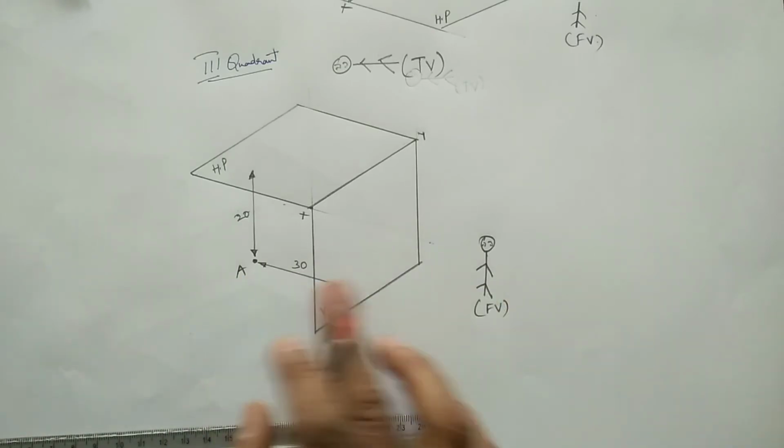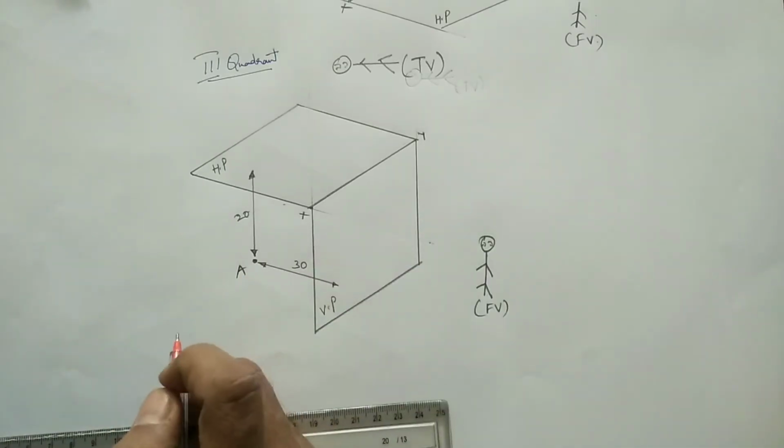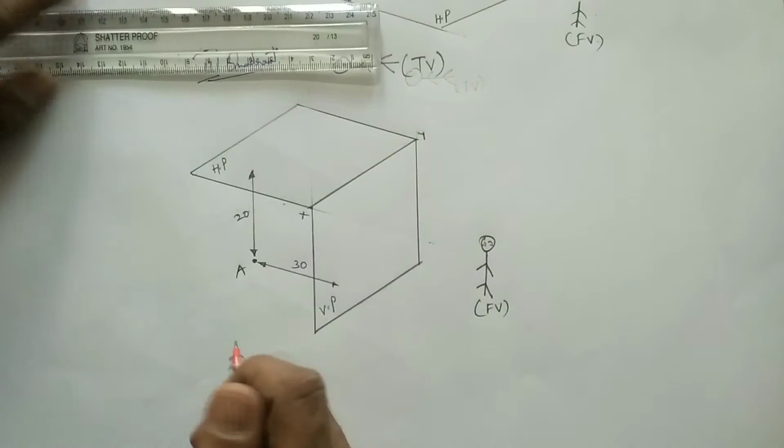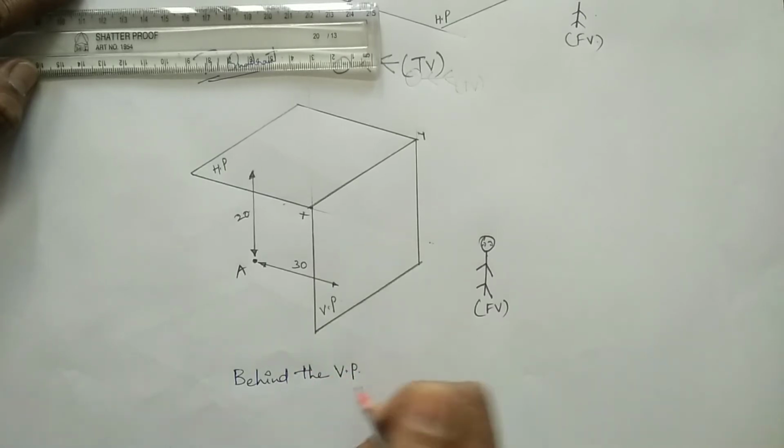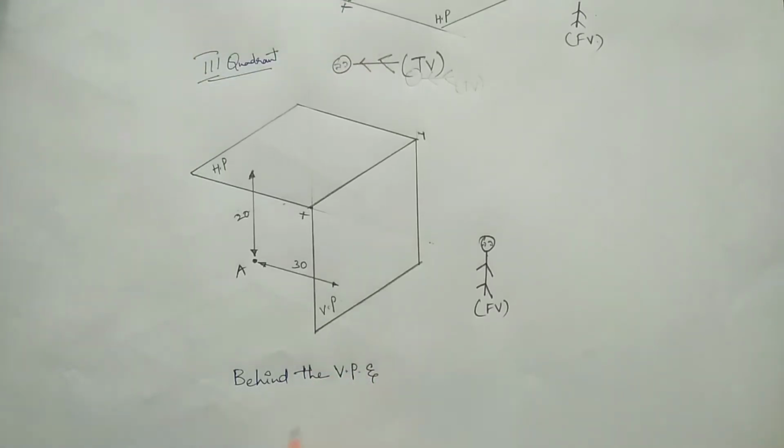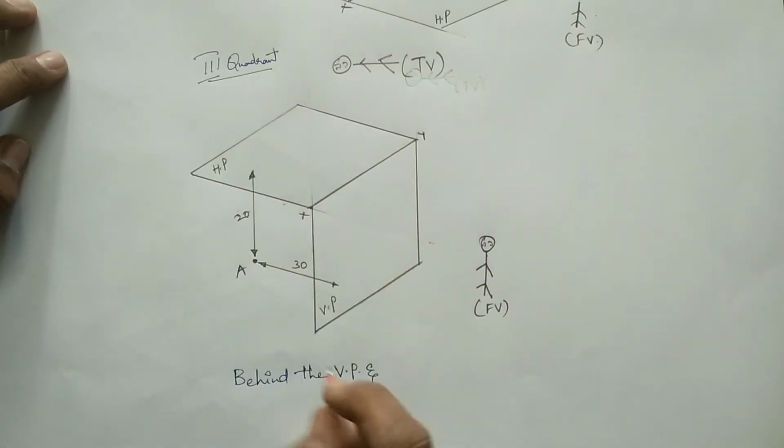From the front view, it is to be said that the position of the point is behind the vertical plane and below the horizontal plane.